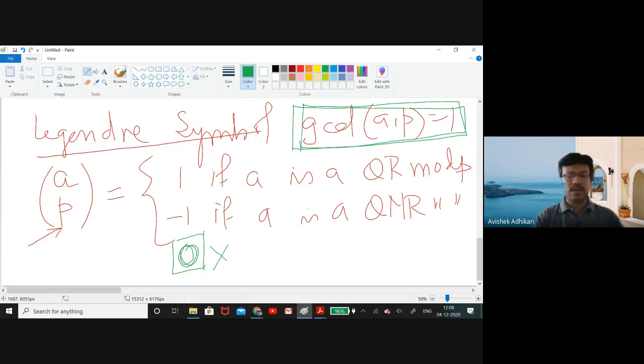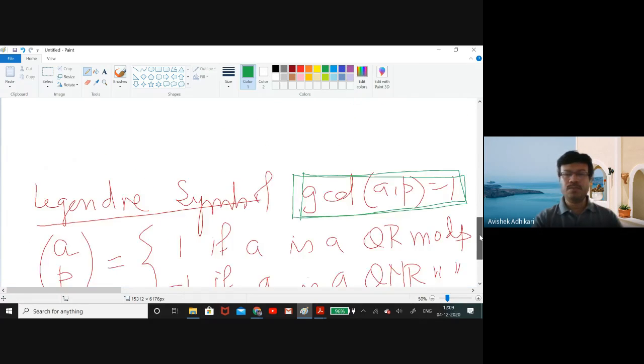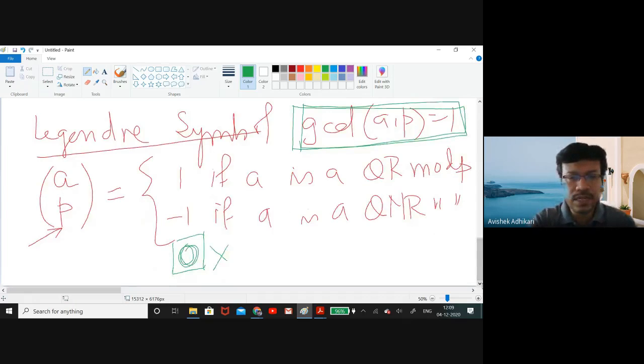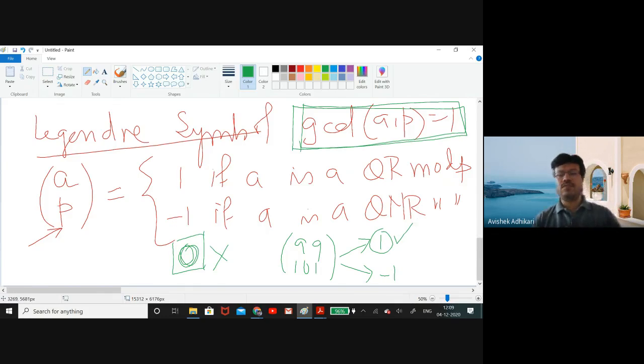Clear? Okay. So if I again ask you the question, now I can formulate the question of whether 99 is a quadratic residue modulo 101 or not. That means in terms of the Legendre symbol, my question is (99/101), what is its value? Is it 1 or -1? If this value is 1, then you can say that it's a quadratic residue. If this value is -1, you say that this is not a quadratic residue.